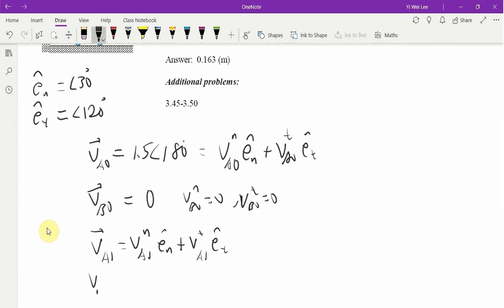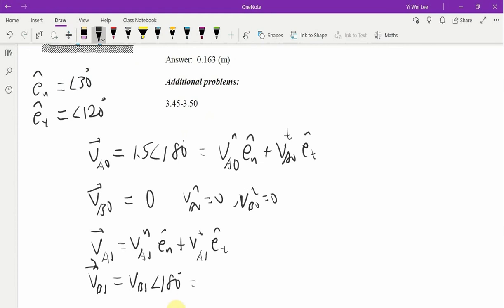However, for VB1, it's a constrained motion. If it's a constrained motion, it is very apparent that the velocity of VB1 will definitely go horizontally, in this case going to the left. So we can say that it's 180 degrees.